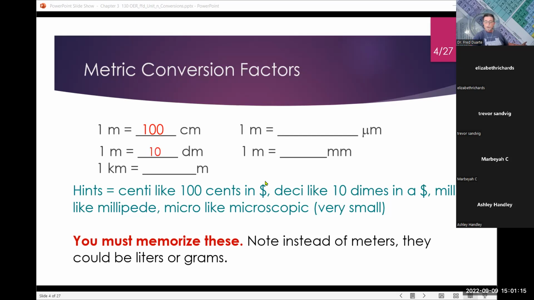And then 1 kilometer, which is 1,000 times larger, means that there are 1,000 meters in 1 kilometer. And then obviously a million micrometers in a meter and 1,000 millimeters in a meter. Okay. So it's all there to help you with converting within the metric system, but also utilizing these conversion factors to go from the metric into the English or vice versa.